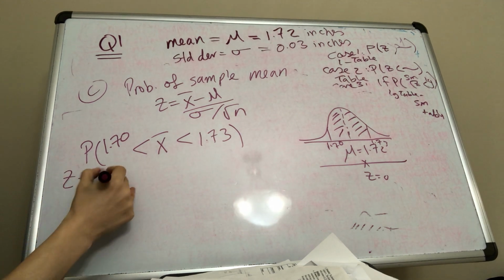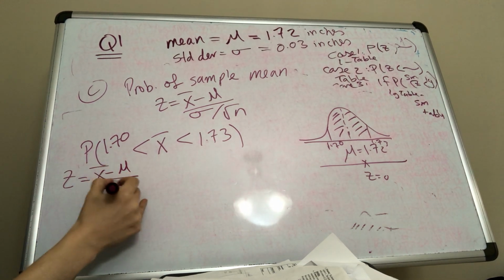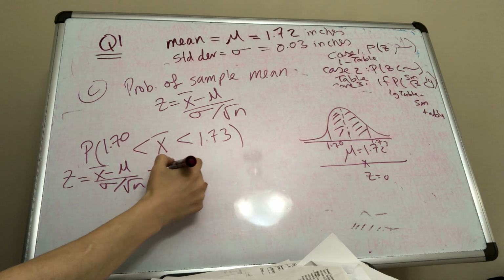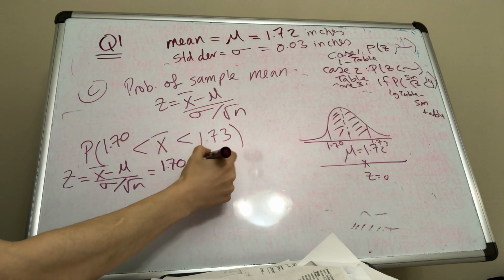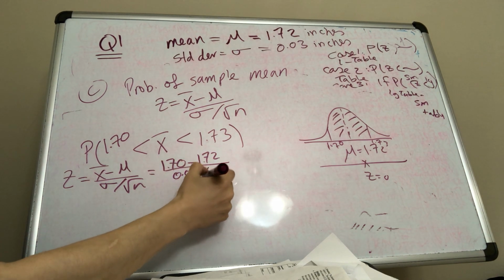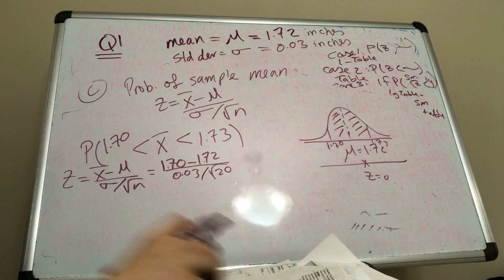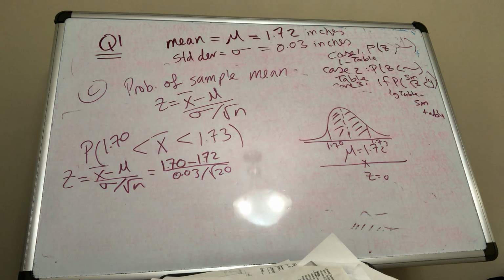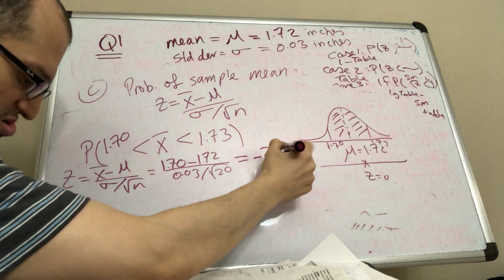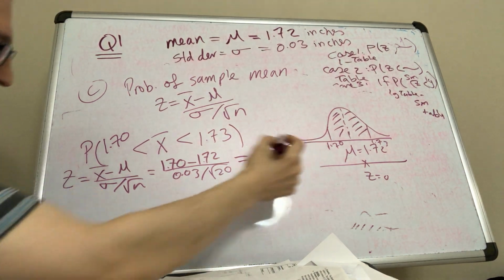We use the equation of X bar, mu, sigma over the square root of n. Use it for 170 first: 170 minus 172, divided by 0.3 over the square root of 20. And this will give you minus 2.98.